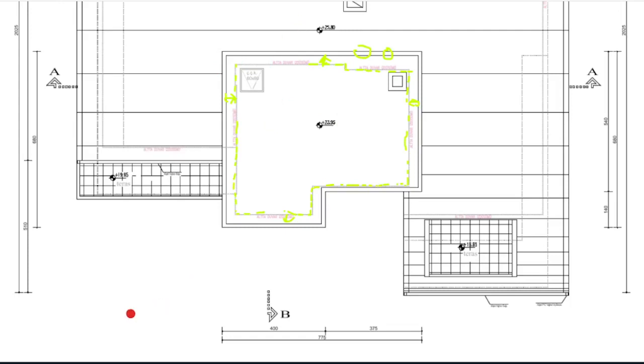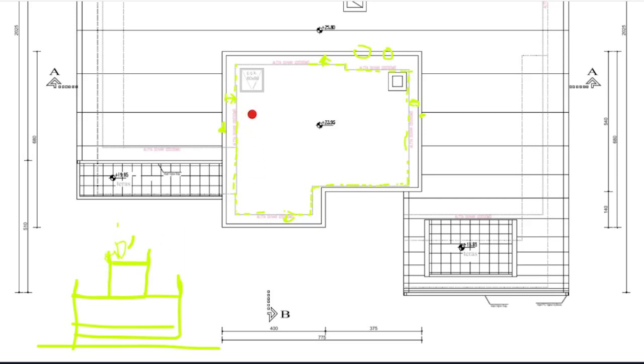If you have the section of this one here, you will see such a kind of part, the same as this part, which protects people. If there were someone here, it will protect them so they don't fall down. At the same time, it will collect the water to go somewhere down.